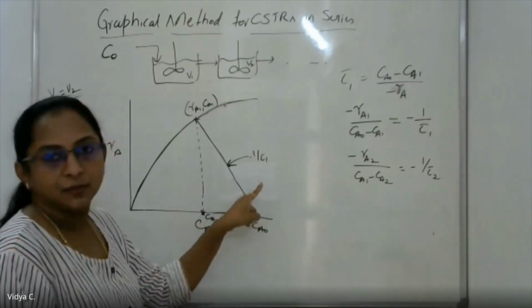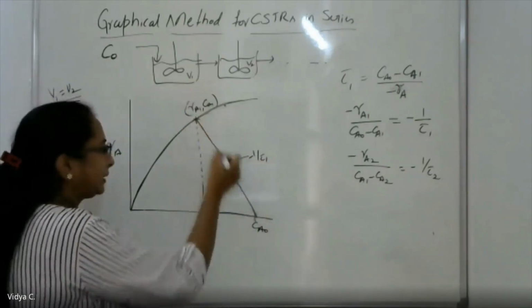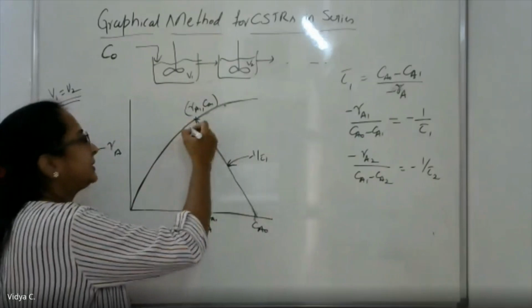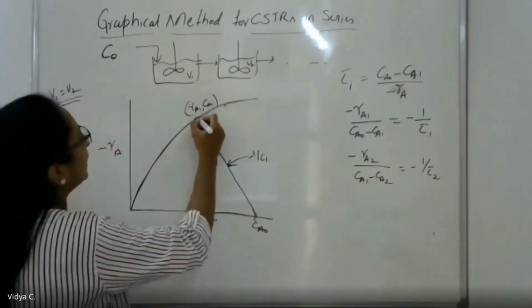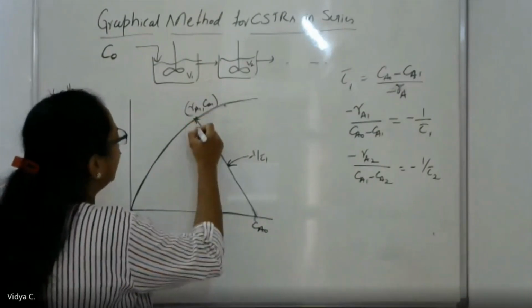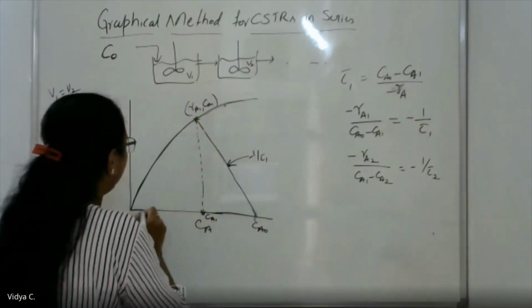Then find the slope, and then mark that slope so that it intersects the rate concentration curve. And from there you drop a vertical and try to find CA1 on the x-axis.